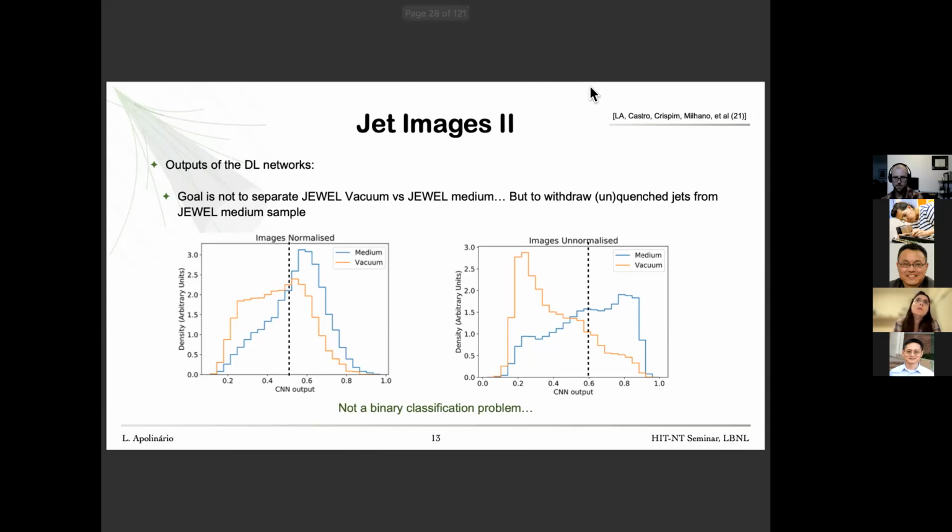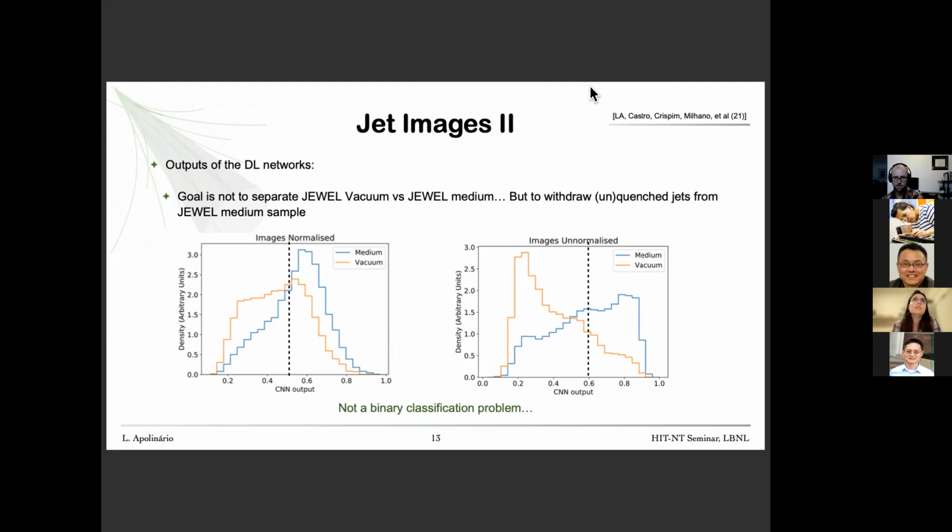But in any case, we can look at the output and try to at least make some sense of it and understand what the neural network is trying to tell us. Let's say that I want some relative contamination from medium and vacuum, but still want to make sure that I have the maximum discrimination between these 2 samples.